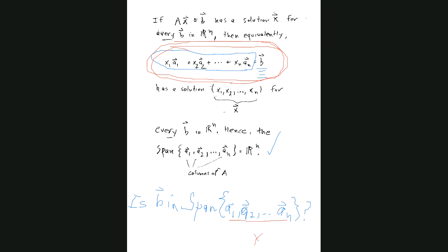And in fact, any vector B in R^n will be in the span of the column vectors of the matrix A. Hence, the span of these columns of A will be equal to the R^n space.